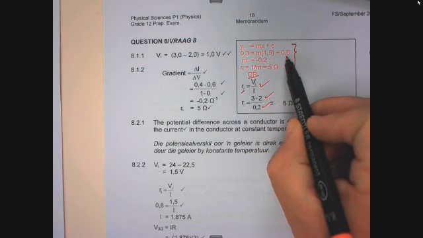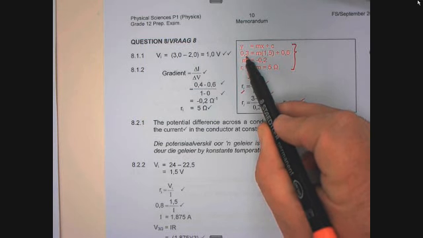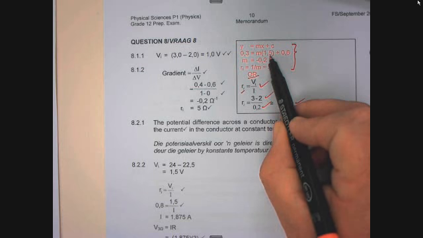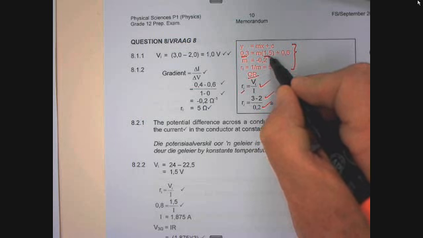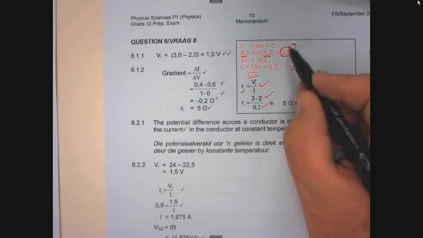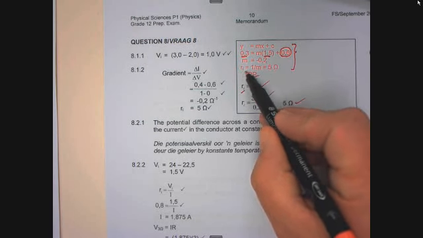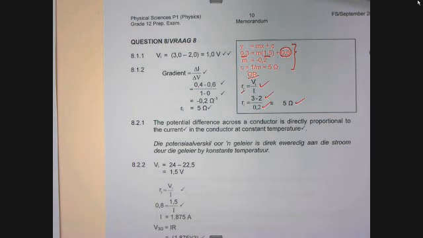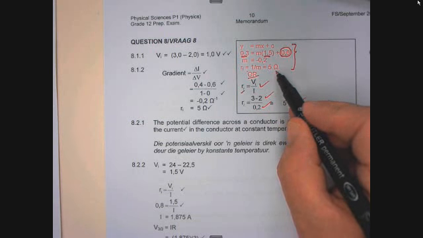He makes use of his intersect at the y-axis as 0,6, and then uses the values for I and for V. So that's the value of the current, and that's the value of V, and that's the value of the intersect of the graph at the y-axis. He can get the gradient as 0,2, and then he can also indicate that it is inverse. The internal resistance is the inverse of the gradient, and that is 5 ohm.